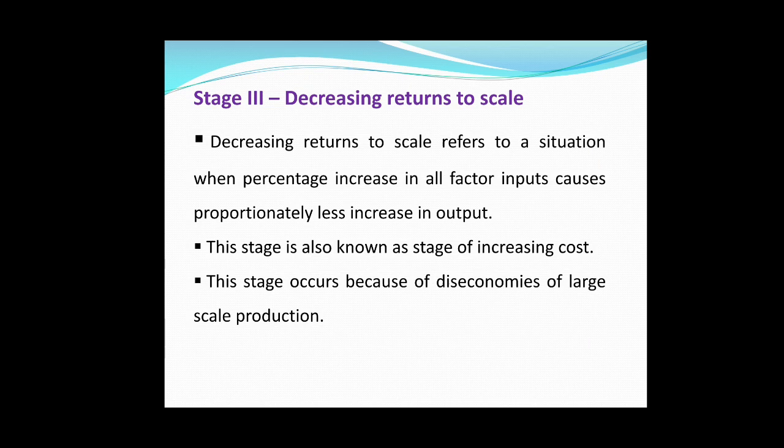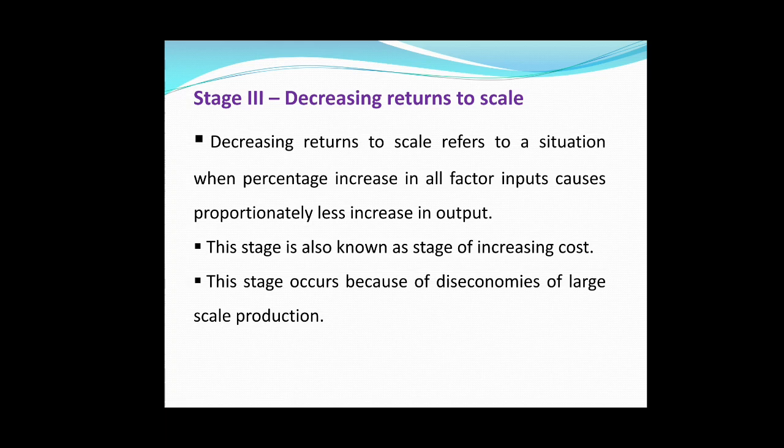For example, if the amount of inputs is doubled and the output increases by less than double, or we can say that a 10% increase in inputs leads to a 5% increase in output, or the percentage increase in output is less than the percentage increase in inputs. This type of returns is known as decreasing returns to scale.